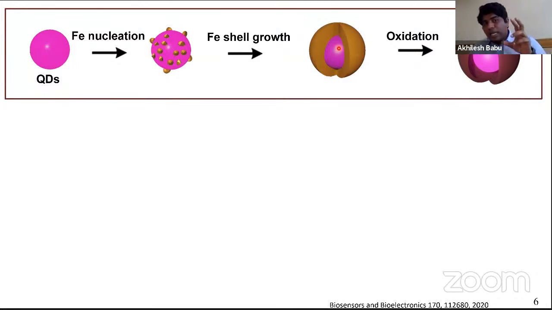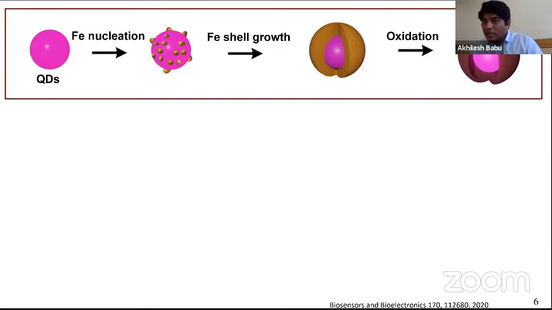After the complete growth of the iron shell, we did controlled oxidation, and the solid iron shell became hollow. Some void, some space, was created between the quantum dot and the iron shell, because of which the fluorescence intensity of the quantum dot was maintained. At the stage when the iron is in complete contact with the quantum dot, the fluorescence intensity was completely quenched. However, when the void is created, the fluorescence intensity comes back.